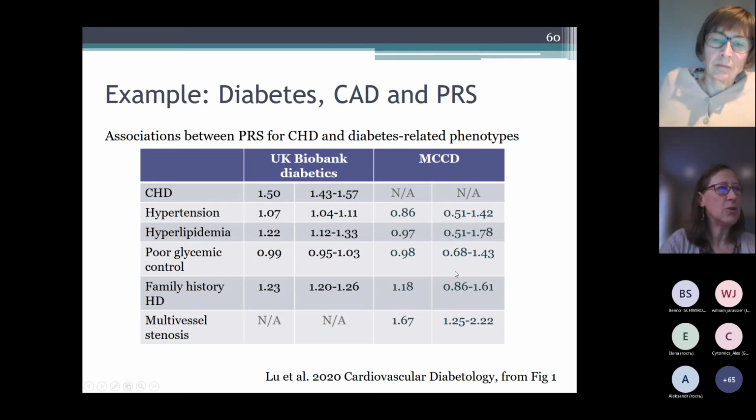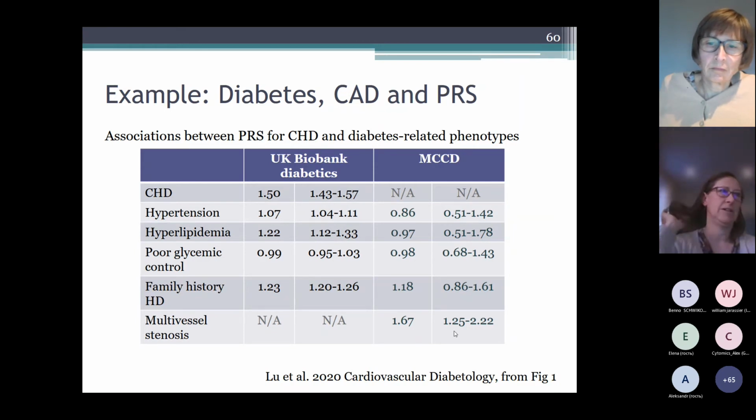In both cohorts, this cohort's so small, we don't have a vast amount of power. But what we can do in this very small cohort is notice that, for heart disease, we can't calculate that, but we can see that there's a very strong association between multi-vessel stenosis and the PRS in this particular cohort.